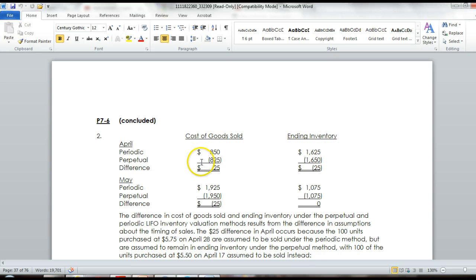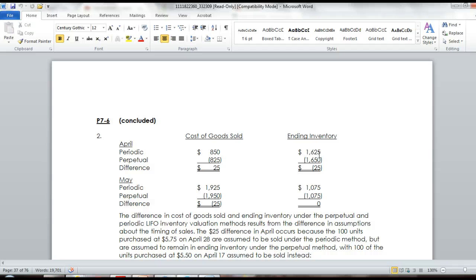But do you see under perpetual, our cost of goods sold was $8.25, leaving us with an ending inventory of $16.50. So the difference of $25 in a higher cost of goods sold under the periodic versus the perpetual came about, and that also resulted in a lower ending inventory using the periodic versus the perpetual of $25.